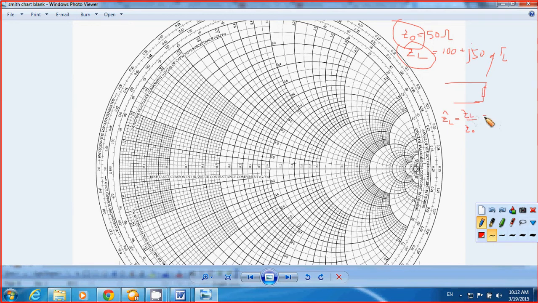In this case, the normalized load impedance is 100 plus J50 divided by 50, so you end up with 2 plus J1. We're going to plot ZL on the Smith chart, and this will lead to your tau L. These two numbers are related to each other, instead of calculating tau L as ZL minus Z0 over ZL plus Z0.